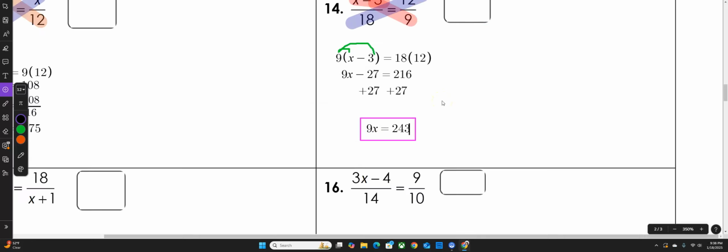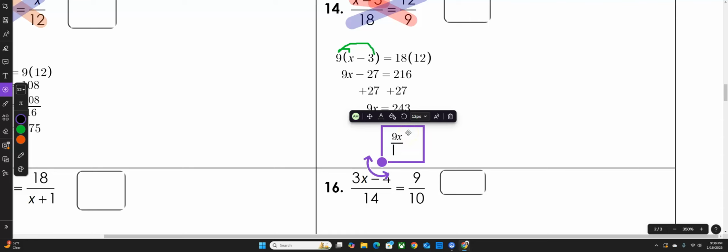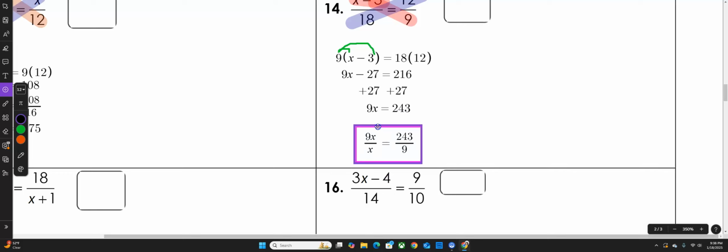Yes, 243. And then we divide both sides by 9. And that gives us an answer of 27. So x is 27.